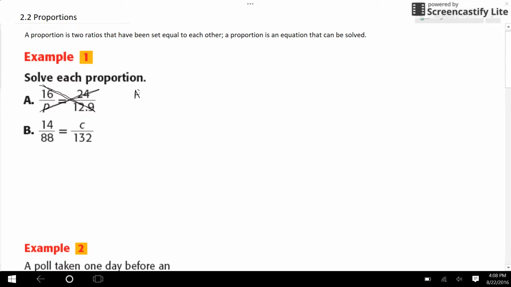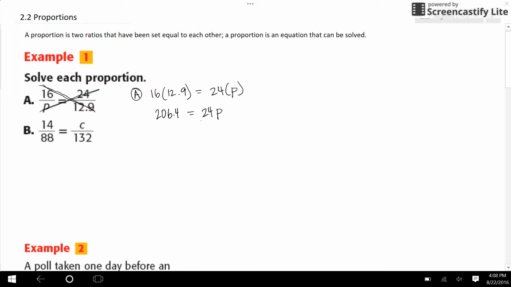So when I do letter A here, I'm going to do 16 times 12.9 is equal to 24 times P. I set one fraction equal to another, and now I can actually solve for our good friend P. Now I'm going to do 16 times 12.9, and I get 206.4 equals 24P.